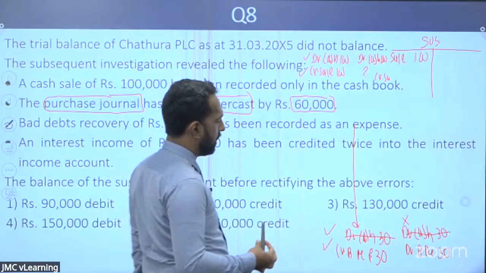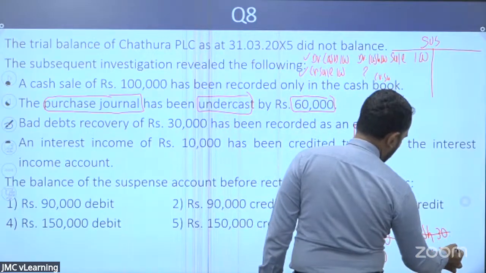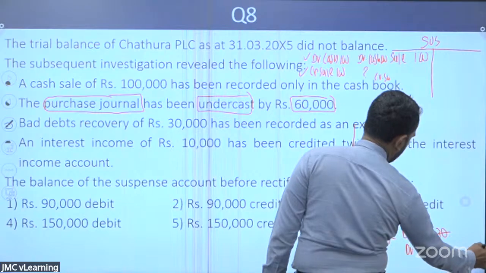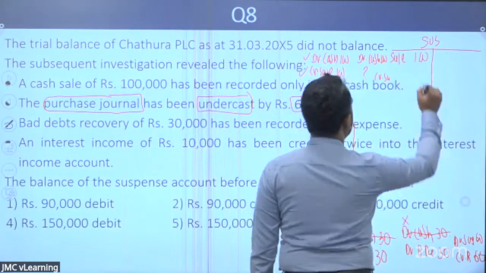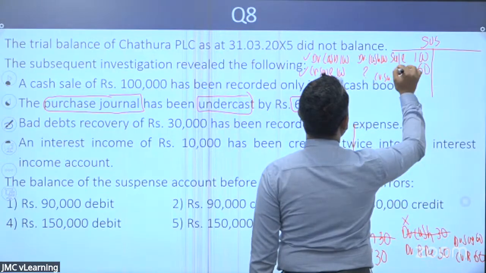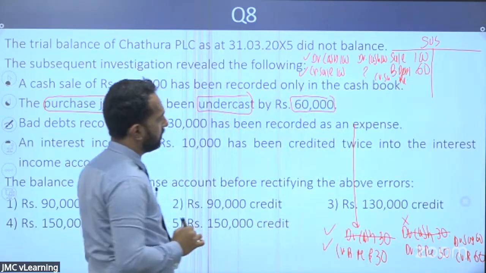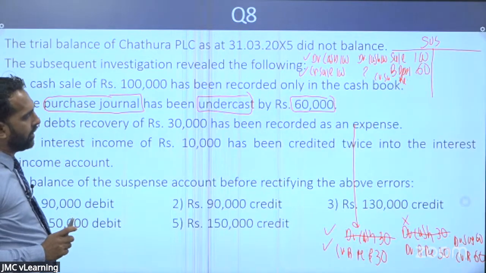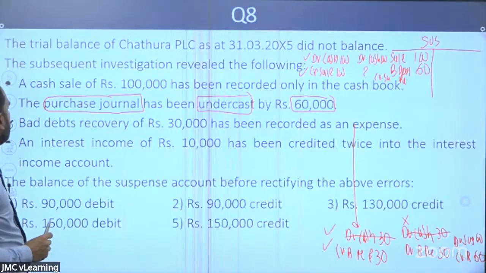So how do we correct this now? In order to remove this and to recognize the credit, we need to credit the bad debt recovery 60 and debit suspense 60. The suspense account is debited 60 as bad debt recovery. Okay. Right. Look at the next one.